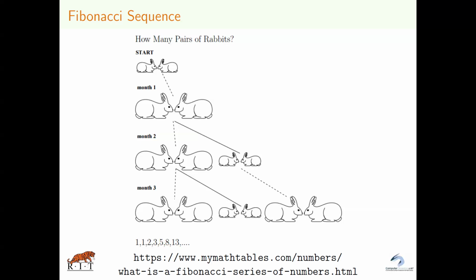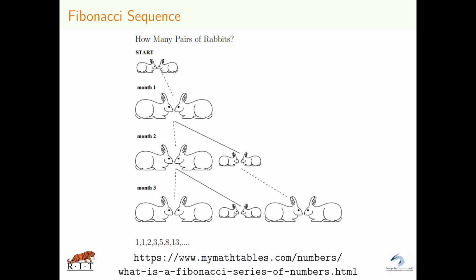And you can see that now we have 2 plus 1. On the next month, we have 3 couples: 2 couples which can produce, and 1 couple which is still small.